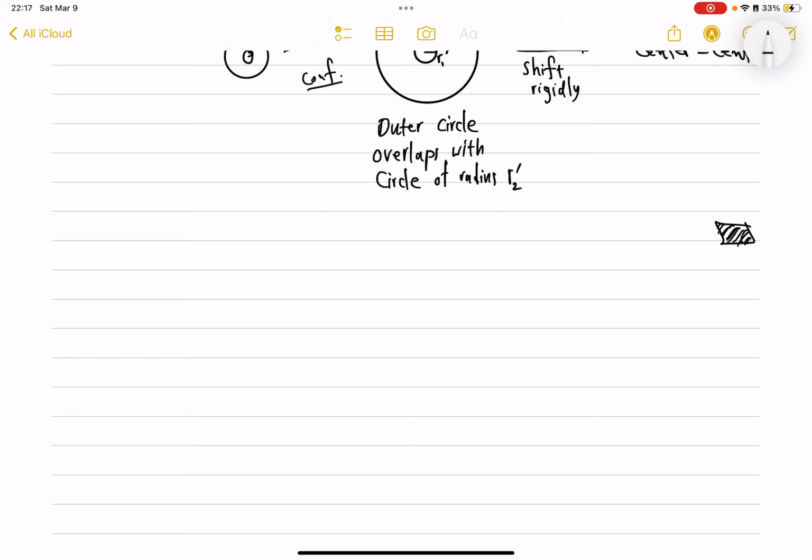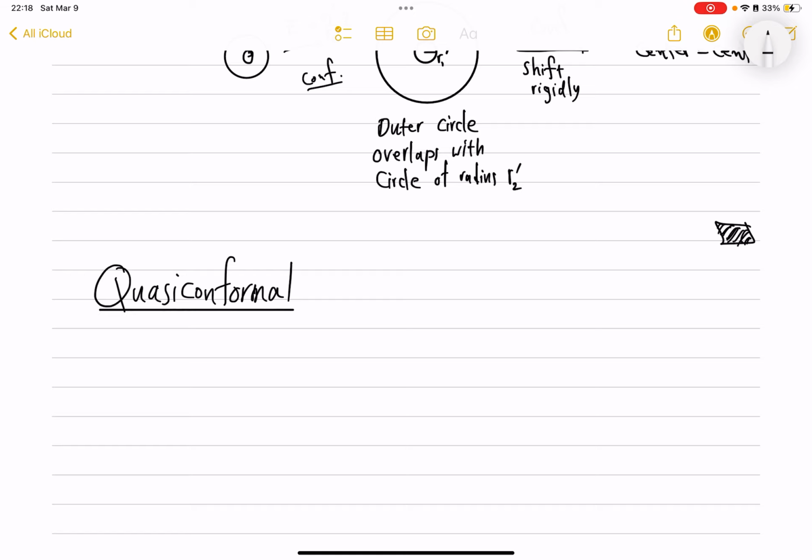It has a lot of applications to complex analysis, and later the theory of quasi-conformal maps, which is a very deep theory in geometric mapping theory.